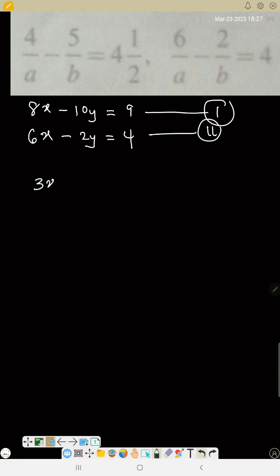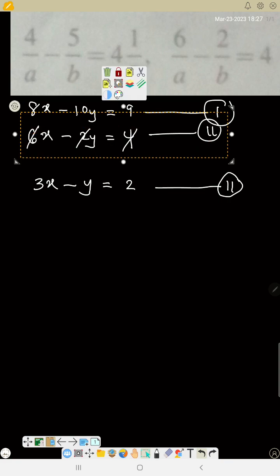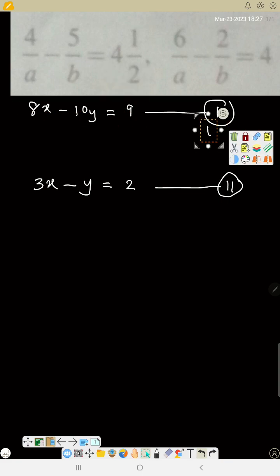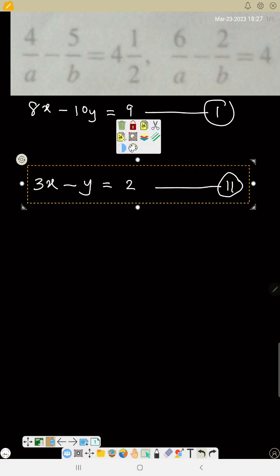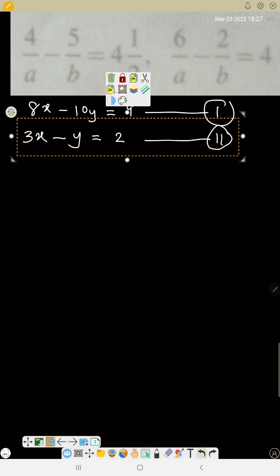This will be 3x minus y is equals to 2. So this is now equation 2. And from this equation 2, it will be easier to use substitution method now, or if it's still elimination, any method you like we can use, but it's good to reduce the equation.